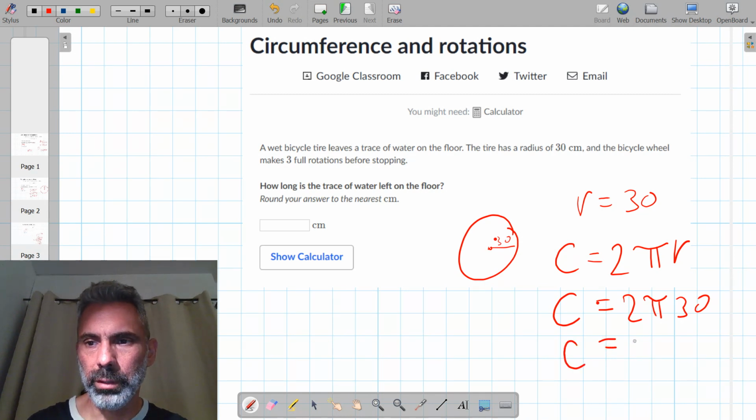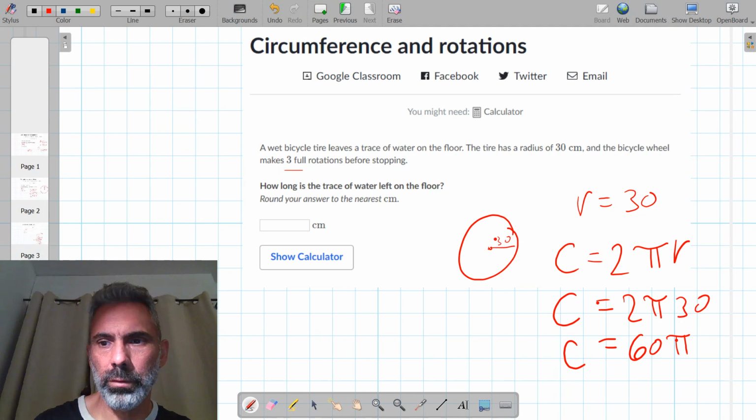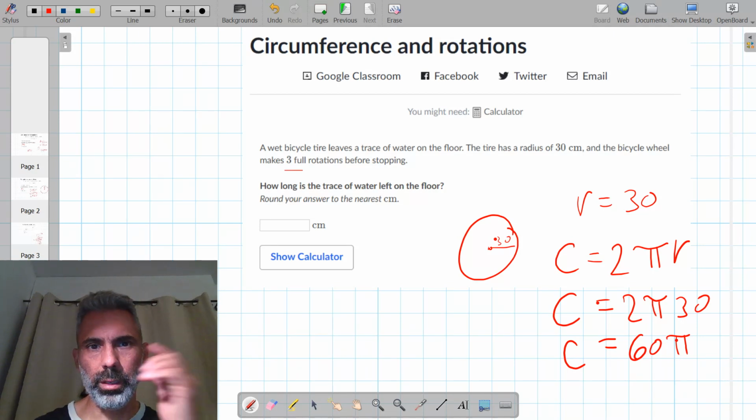So the circumference is 60 pi. So 1 rotation will leave a trace which is 60 pi in length.